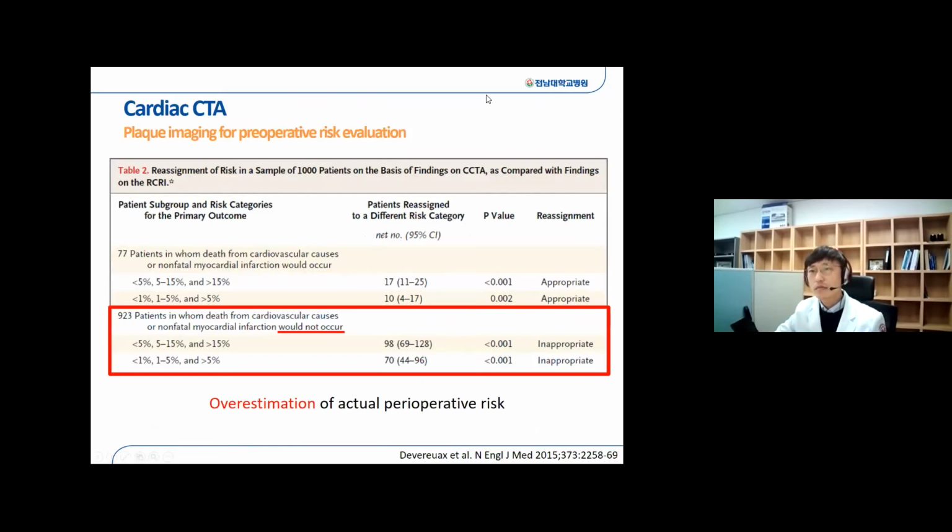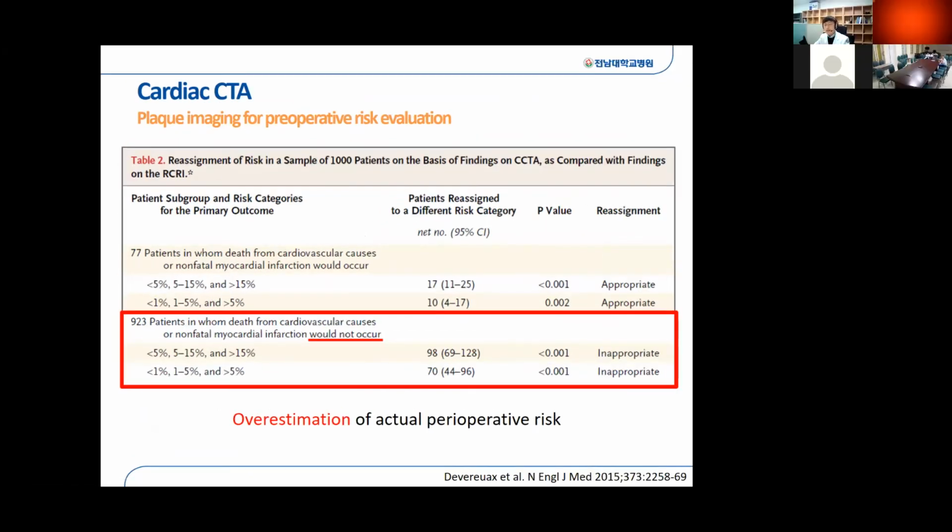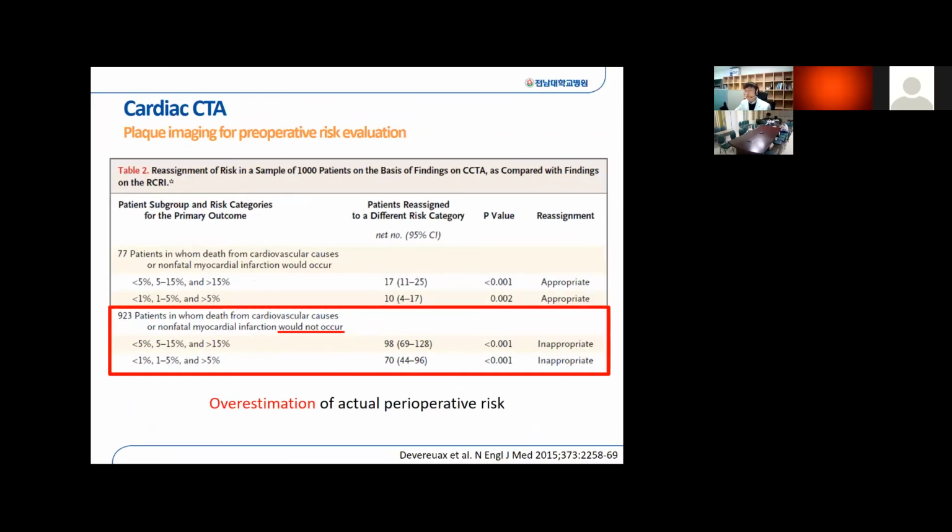Some imaging modalities are used for preoperative risk evaluation. Cardiac CTA was also used for the calculation of perioperative risk, and it was found that cardiac CTA can significantly stratify the patient's risk, but there was a tendency of overestimation of actual perioperative risk in plaque imaging by coronary CTA.